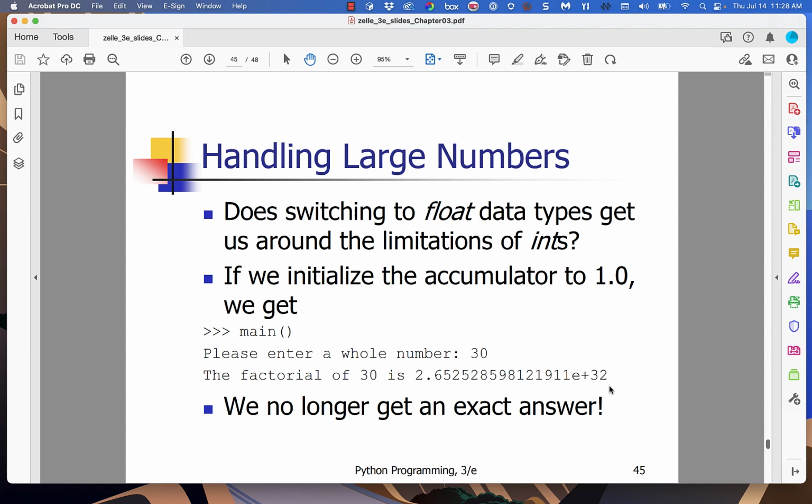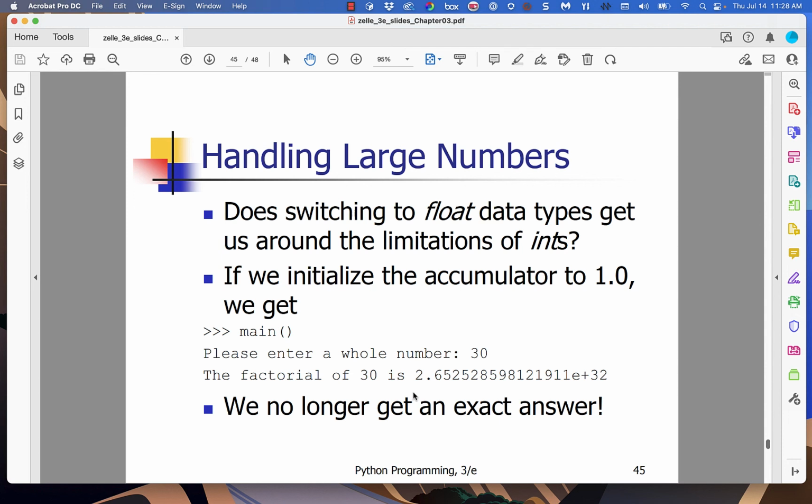Floats do have the problem that they have approximation errors. They come from two sources. Source number one is that they only keep so many digits of precision.